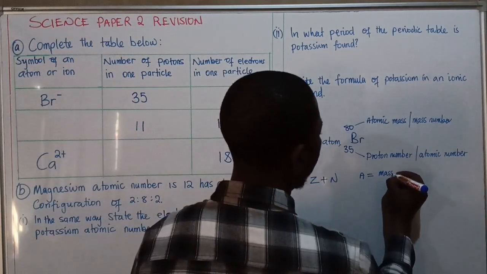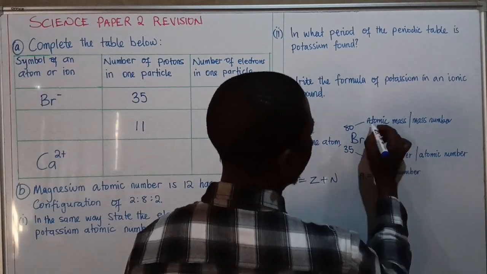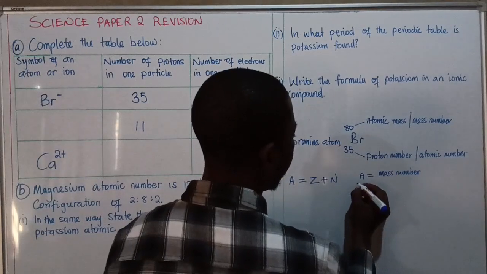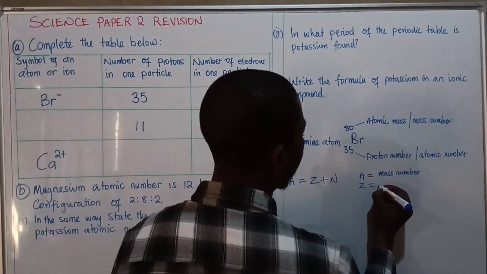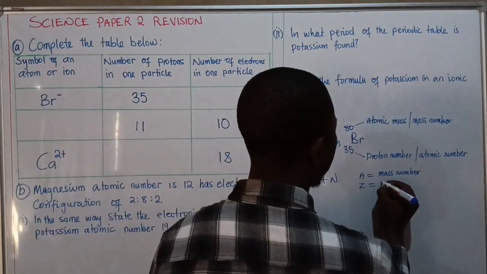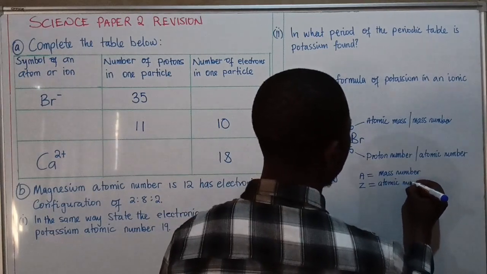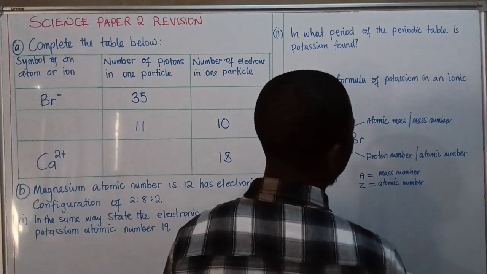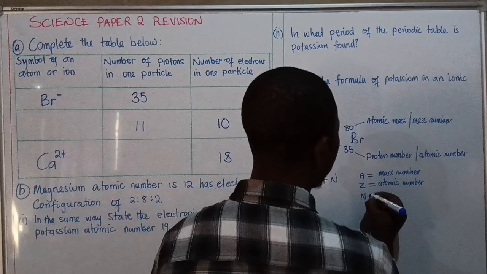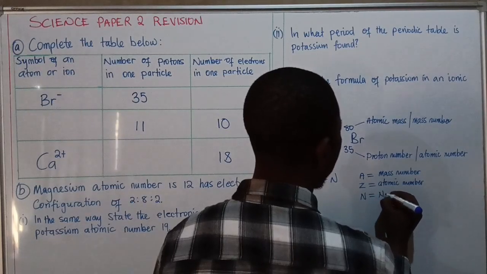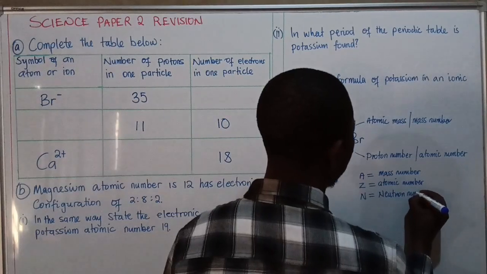You can give it as mass number. Then this value here, Z, is known as atomic number or proton number. Then N is neutron number. So we can call it neutron number.